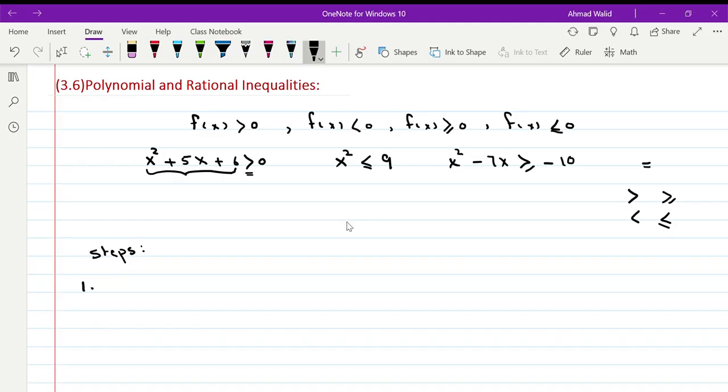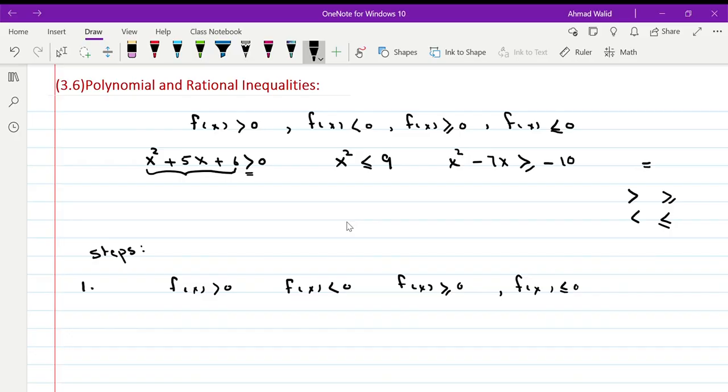Step number 1: express the inequality in the form of one of these four: f of x greater than 0, f of x less than 0, f of x greater than or equal to 0, f of x less than or equal to 0.